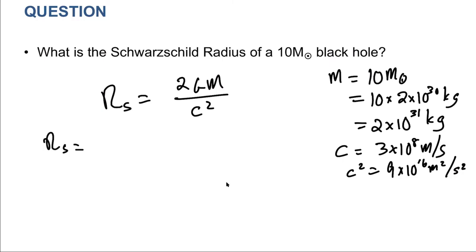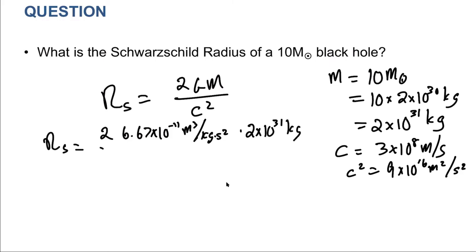The Schwarzschild radius should be 2 times G, which is 6.67 times 10 to the negative 11 meters cubed per kilogram times second squared, times the mass, 2 times 10 to the 31 kilograms. We're going to divide by c squared, which is 9 times 10 to the 16 meters squared per second squared.